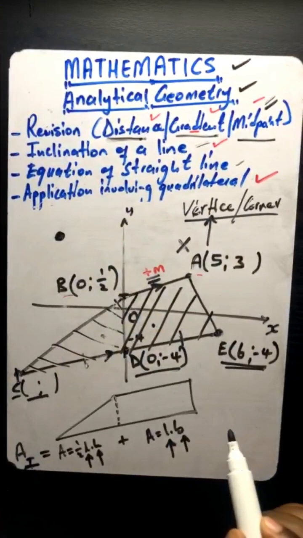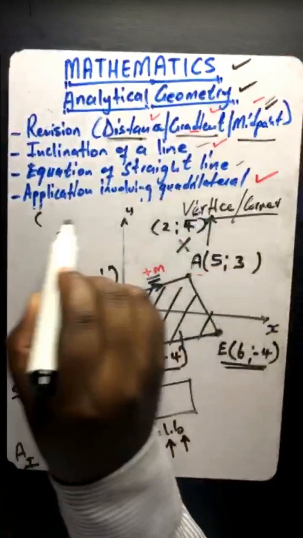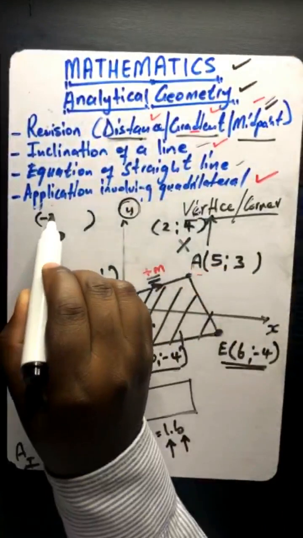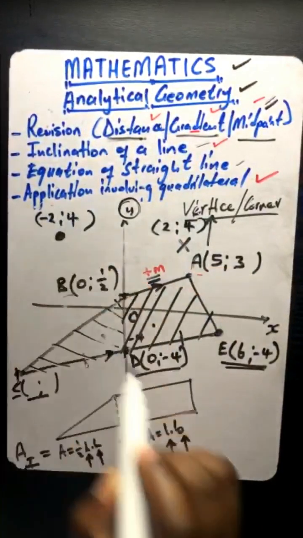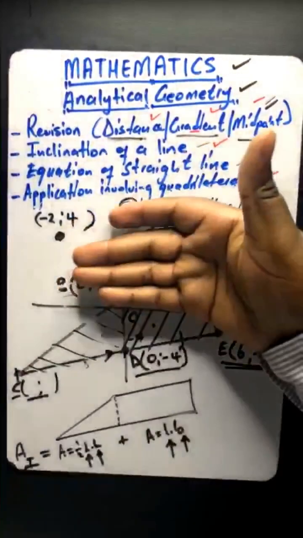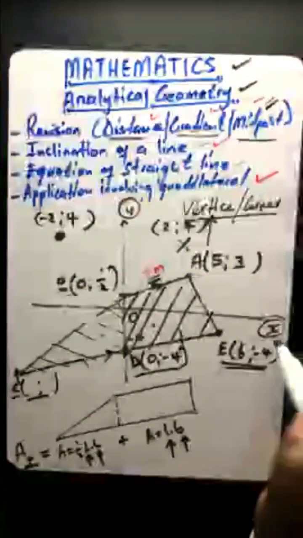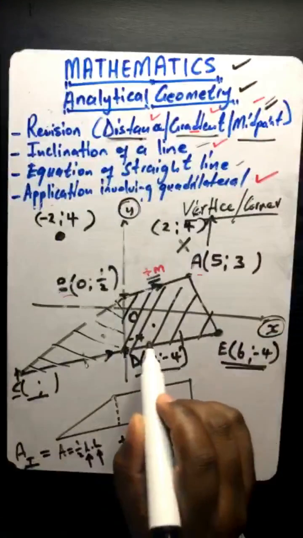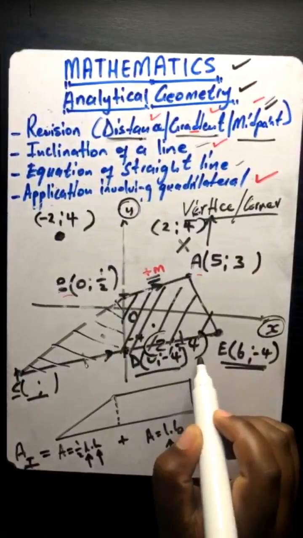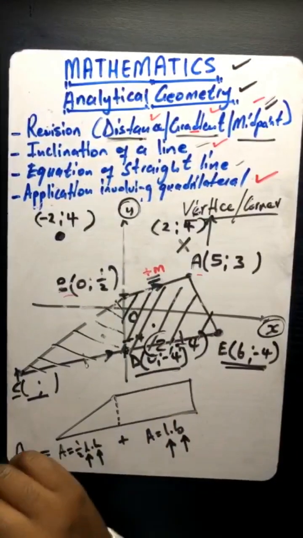So if this point, let's say, is (2, 4), when it comes to this side, because it reflected about the y-axis, it's only x that changes sign and becomes negative. If it was reflected about the x-axis, you take it from there and you plug it this side. So if it reflects about the x-axis, it's only y that is going to change, meaning it was going to be 2 positive, but having a negative 4. As you can see, it's on this side where the y is negative. You will understand that better tomorrow.